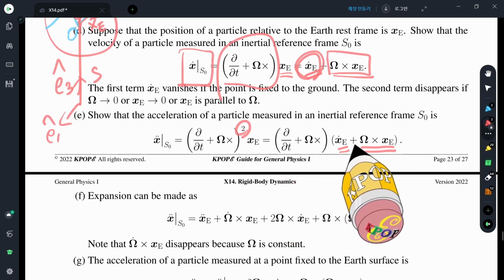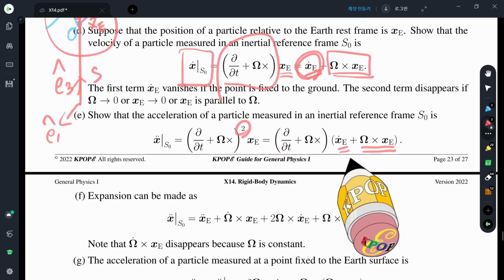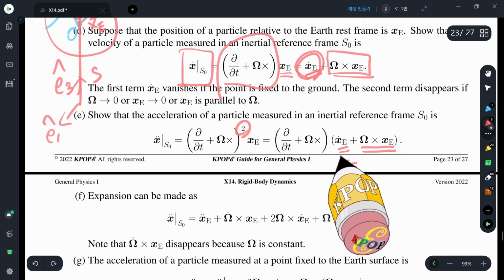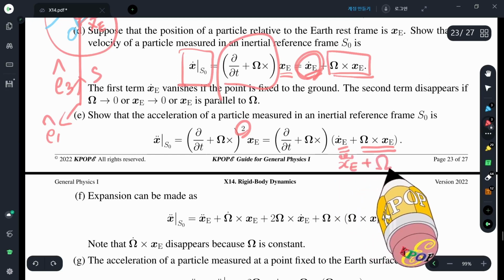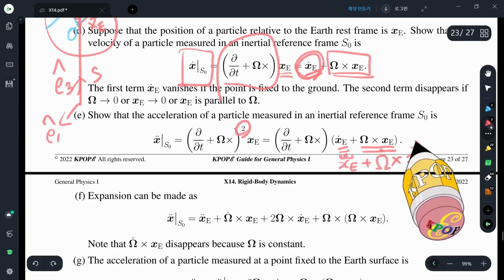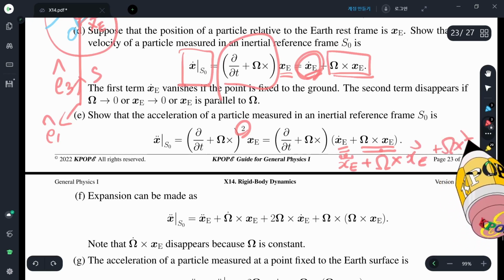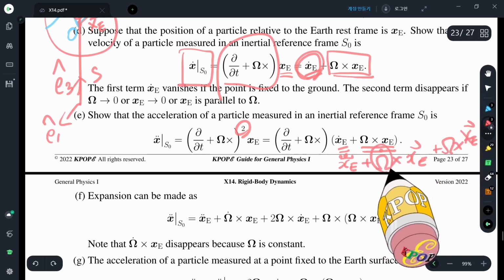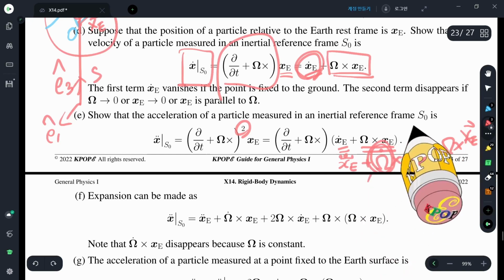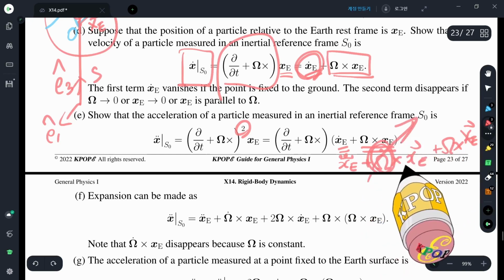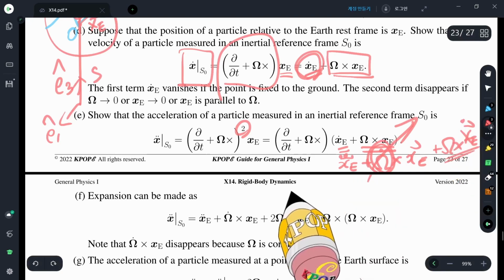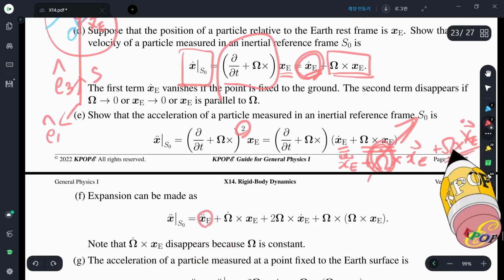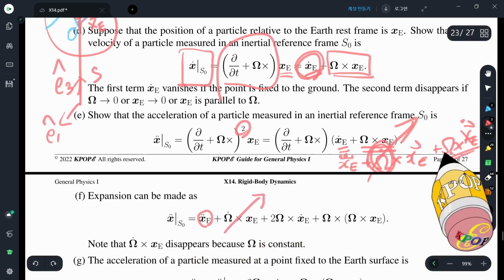We repeat this operation once more, and the time derivative gives xe double dot, the acceleration measured on the Earth, and omega dot cross xe plus omega cross xe dot. Because the Earth is rotating with constant angular velocity, we remove this part and consider only this one.